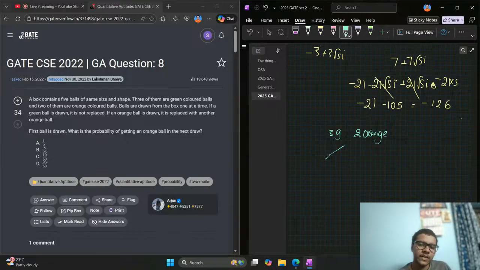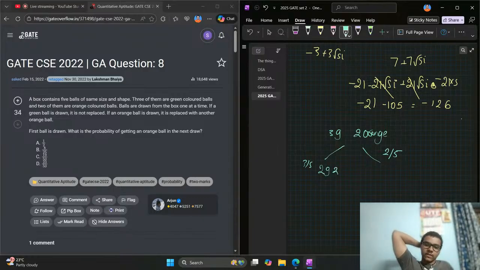So let's say a green ball is drawn. 3 by 5 probability of green ball, 2 by 5 probability of orange ball. If a green ball is drawn, it is not replaced, so the bag will be left with two green and two orange.